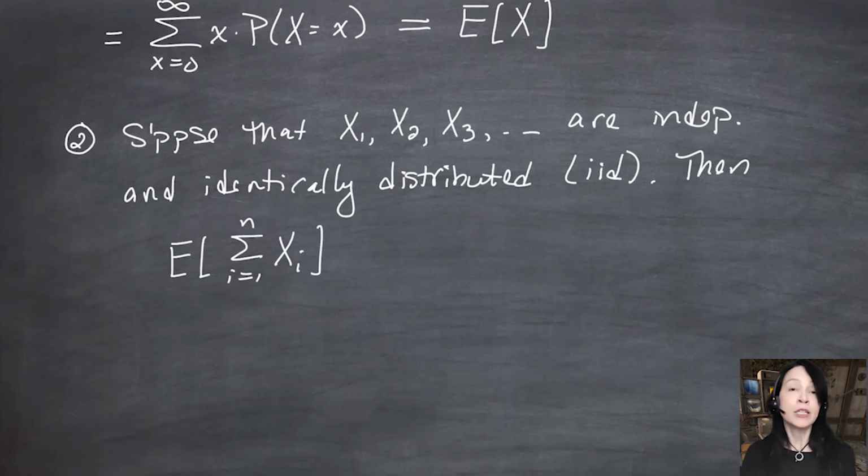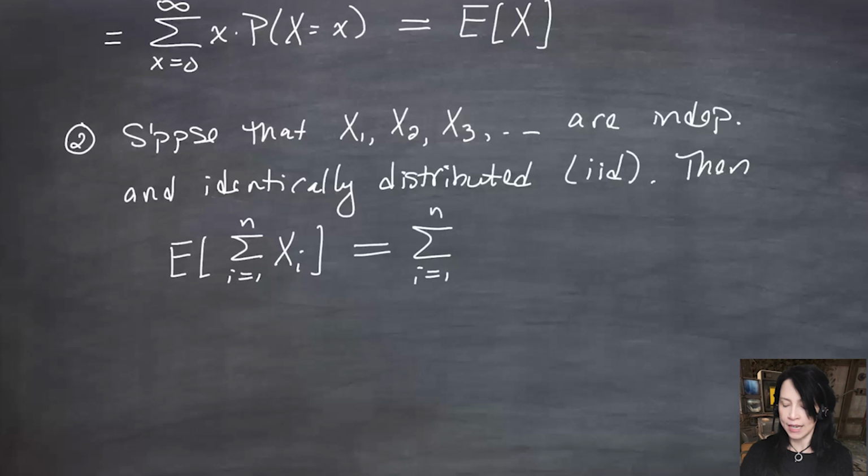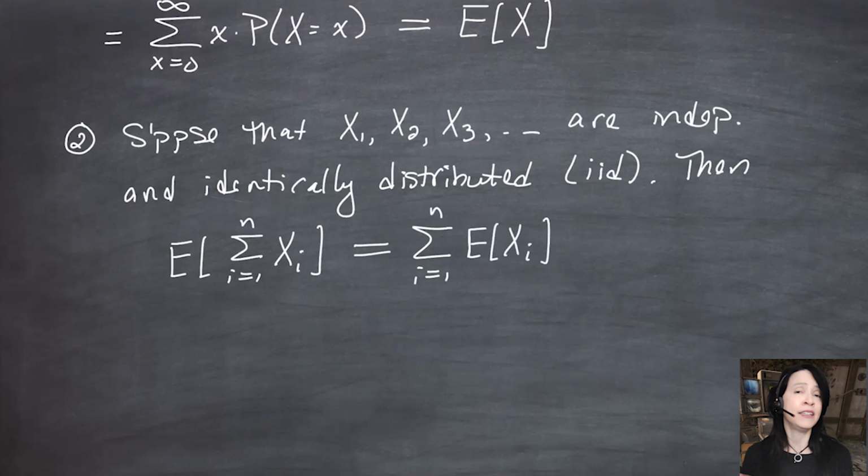as, so expectation is a linear operator, and that means we can take the sum inside to be a sum outside. And this is going to be equal to the sum as i goes from 1 to n, the expected value of xi. And I didn't use that the random variables were independent or identically distributed or anything like that.